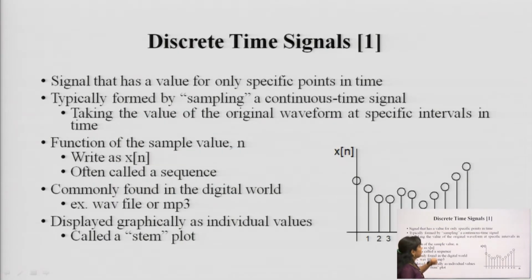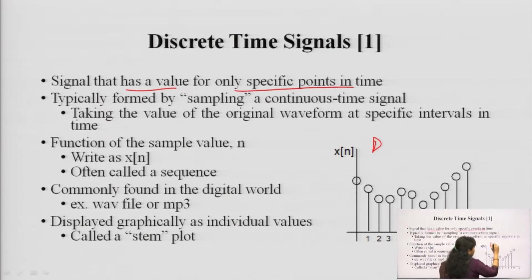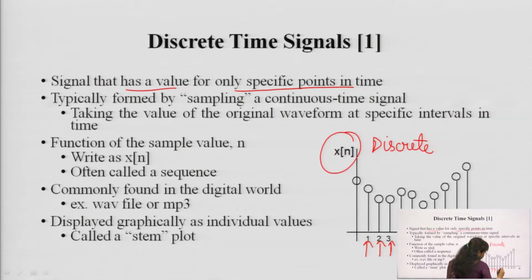Now, next is discrete time signal, that has a value for only specific points of time. So, this is an example of discrete in nature. It is denoted by x[n] and it is defined at 1, 2, 3, 4 and 5. So, this is how the information will be displayed at discrete points of time. So, the function of sample value n is written as x[n], which is the difference between continuous time signal and discrete time signal.